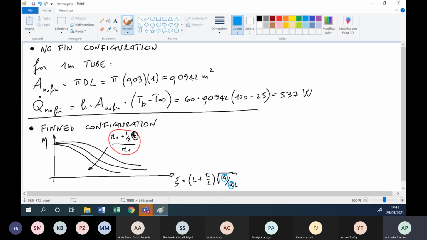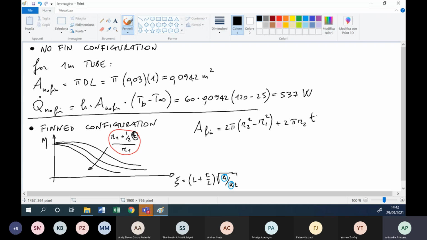But you have exactly this graph in the slides of the theory, and there you can read better that for this geometry, using this graph, the area of the fin can be calculated as 2 pi R2 squared minus R1 squared plus 2 pi R2 T. Also, this equation to calculate the area of a fin is on the graph.